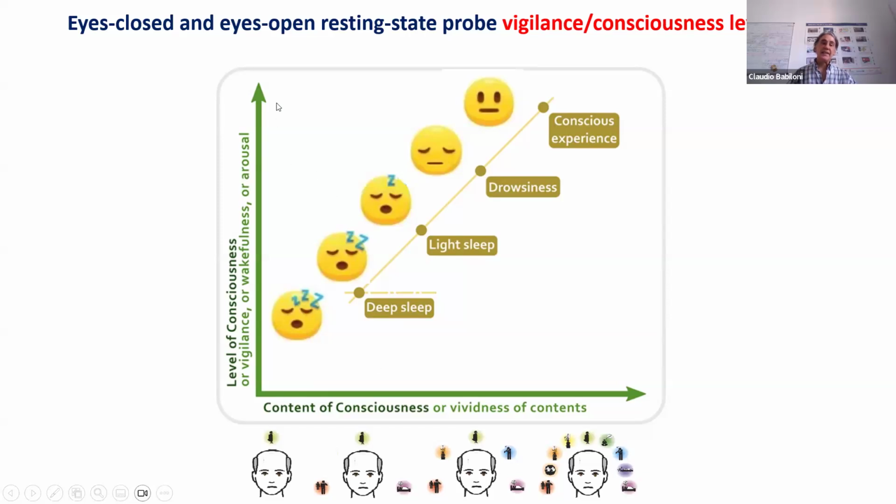And so we can say that the EEG activity is perfect to investigate the cortical activity related to the level of vigilance: from deep sleep, light sleep, drowsiness, and conscious experience.